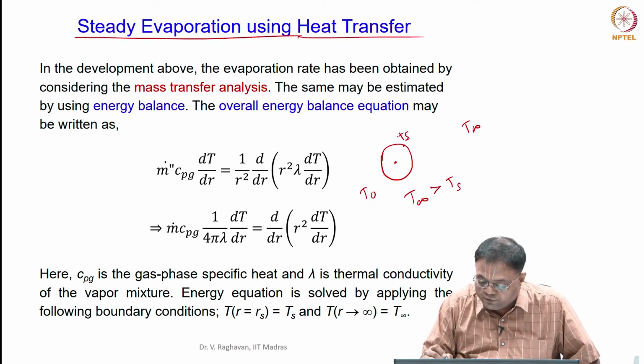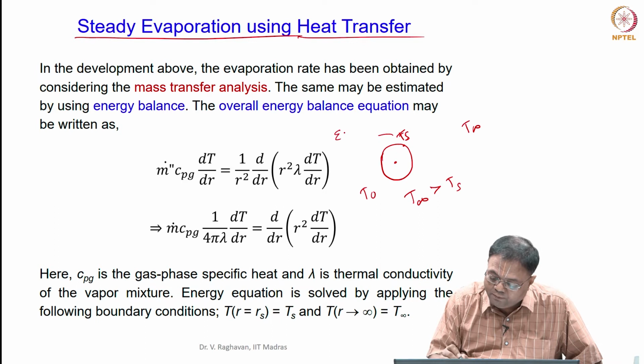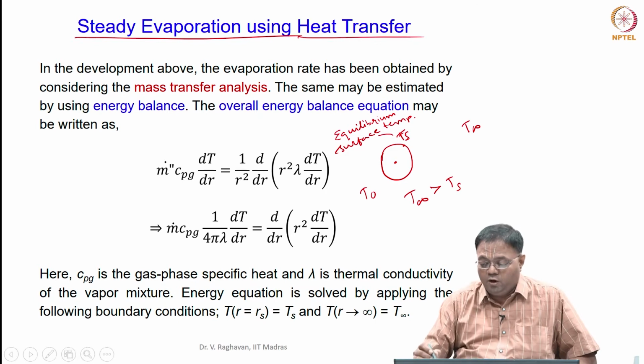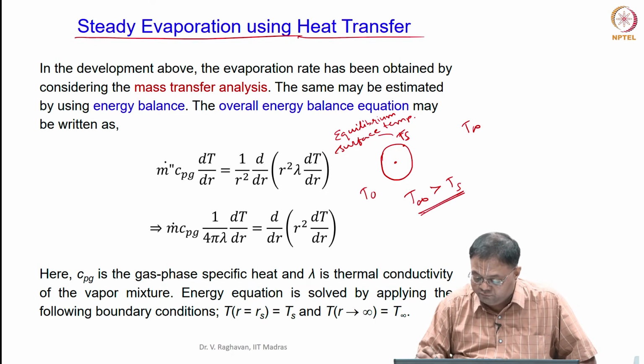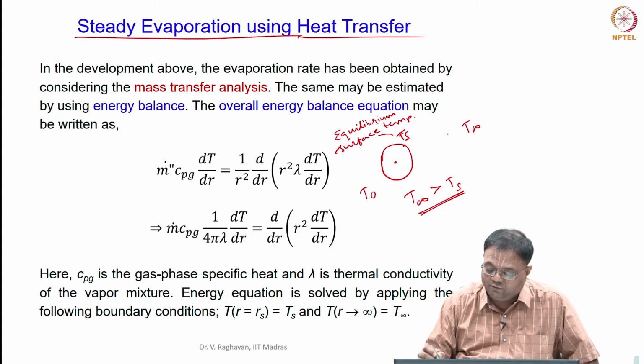So, this surface temperature Ts is the equilibrium surface temperature, or the wet bulb temperature. Since T infinity is greater than Ts, heat is added from the ambient to the droplet in order to increase the temperature. Once the equilibrium temperature is attained, then steady vaporization occurs.